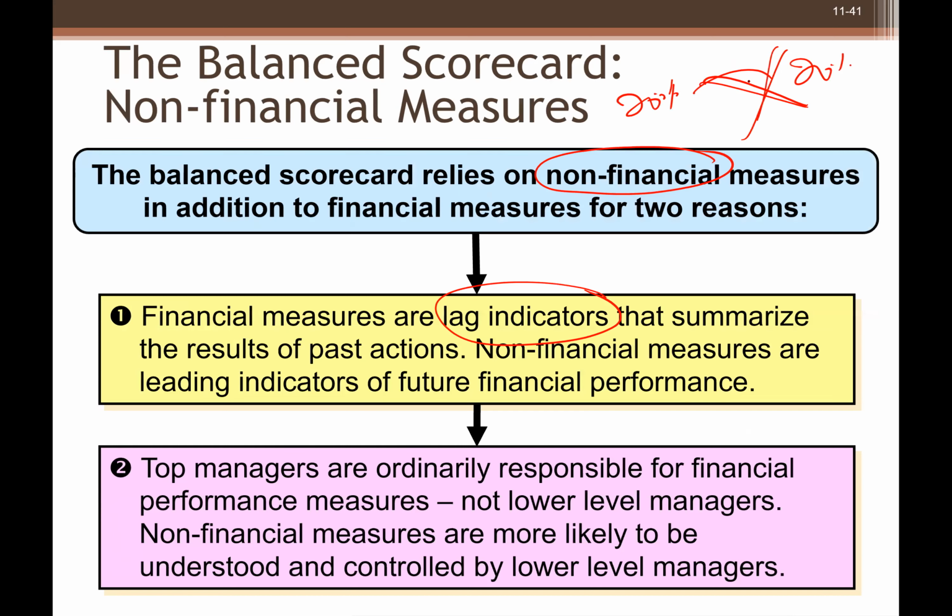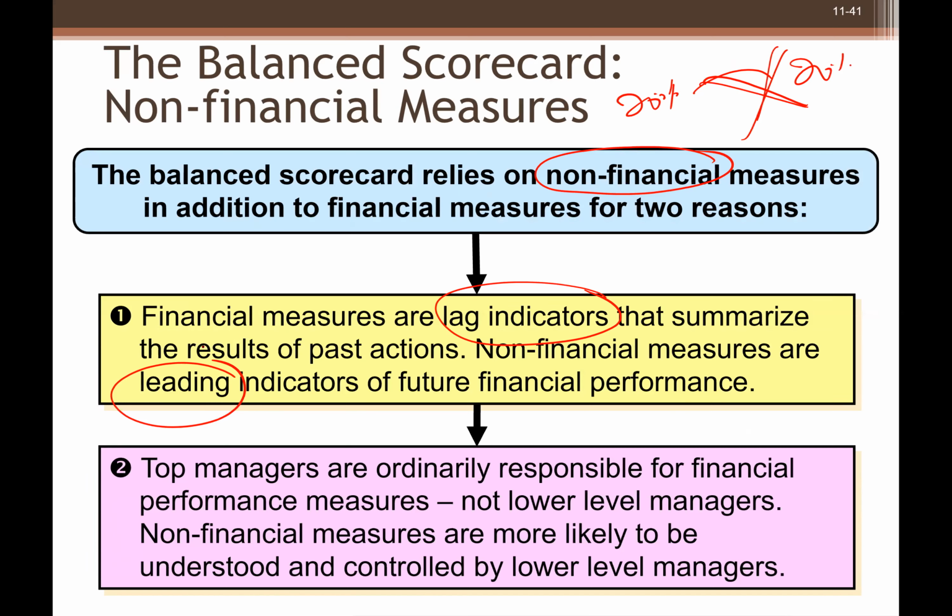Non-financial measures are called leading indicators, which means they tell you about the future. If you hire competent people, of course you will earn better. Your profit is going to improve, but it's not a lagged indicator.